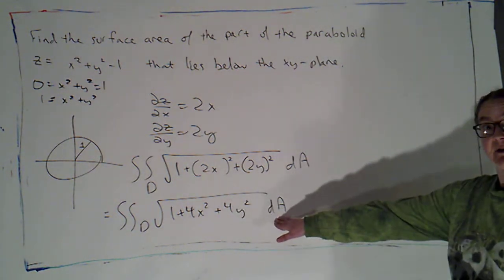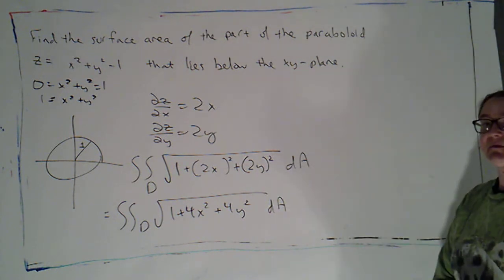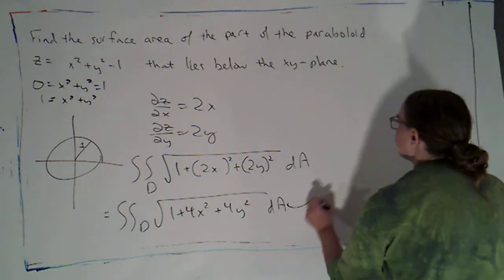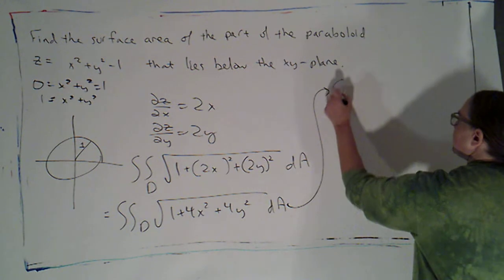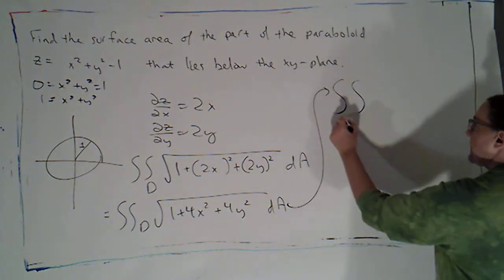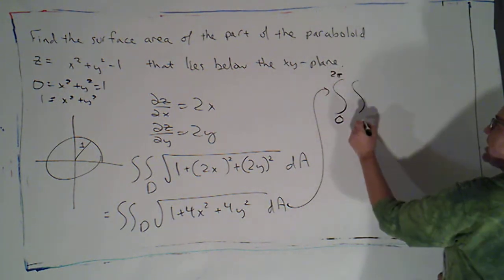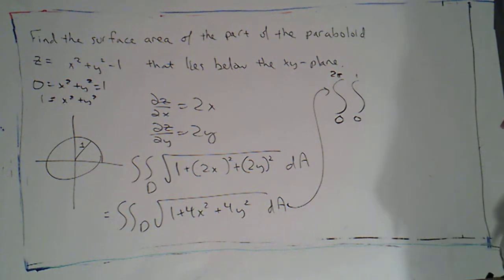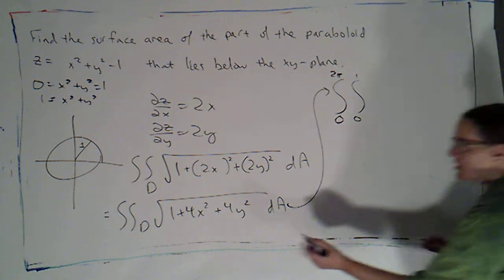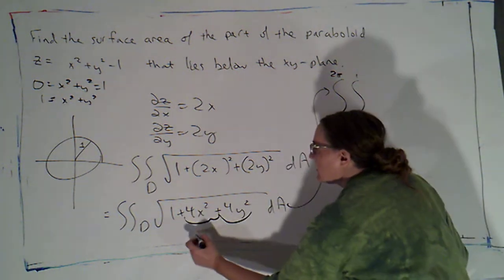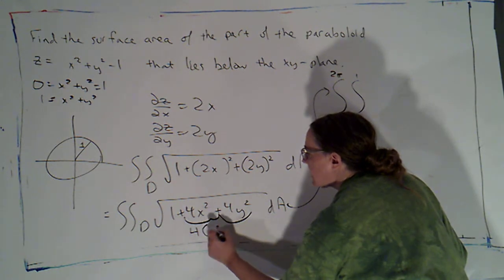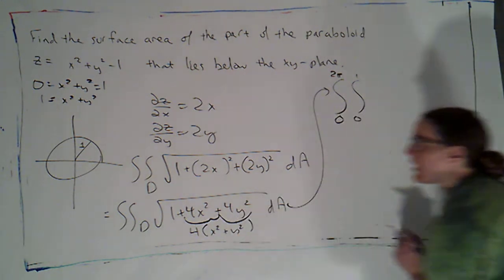Once it's set up, excellent time to switch to polar. So, if it's the unit disk, theta is going from 0 to 2 pi, r is going from 0 to 1. Notice that this right here is just 4 times the quantity x squared plus y squared.